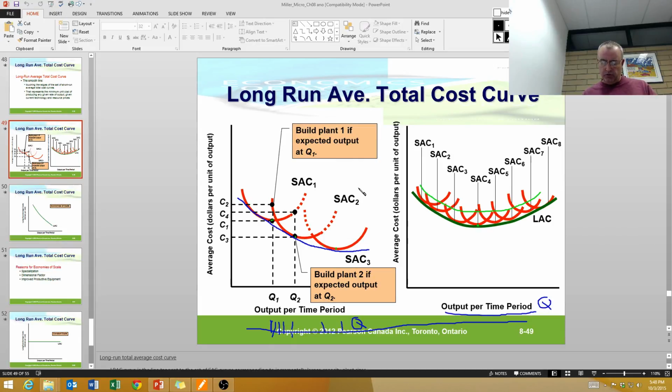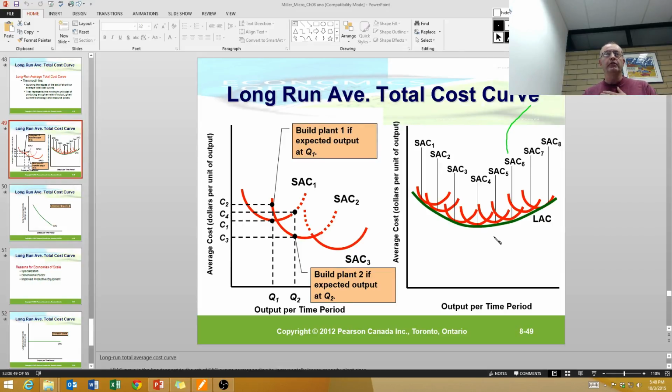Okay, so if we're a manufacturing company and we want to know what optimal size of plant we should build, we might create all these models of plants of increasing sizes, calculate all these short-run average cost curves, and then draw this long-run average cost curve that's tangent or touching all the short-run curves.